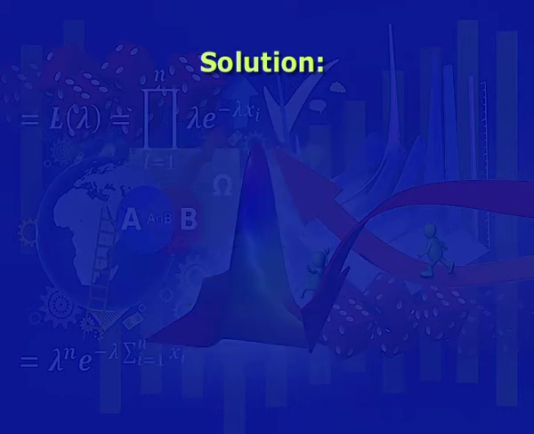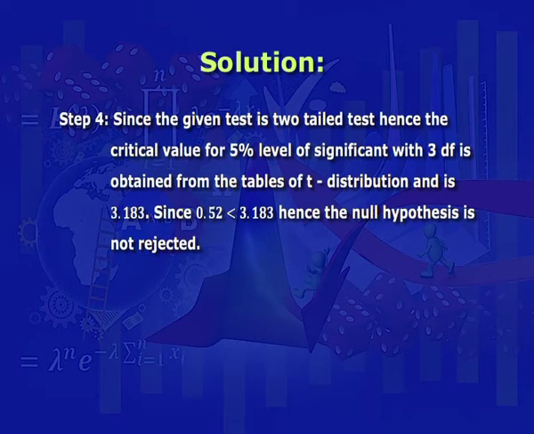Substituting the absolute difference and standard error, we get the value of test statistic mod t equal to 0.52. Now step 4. Since the given test is two-tailed test, the critical value for 5% level of significance with 3 degrees of freedom is obtained from the tables of t distribution and it is 3.183.